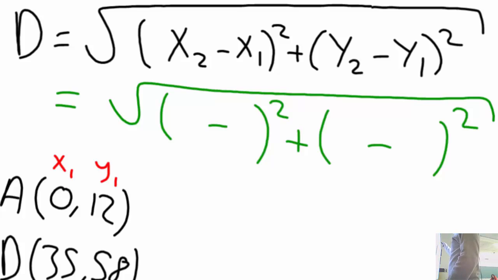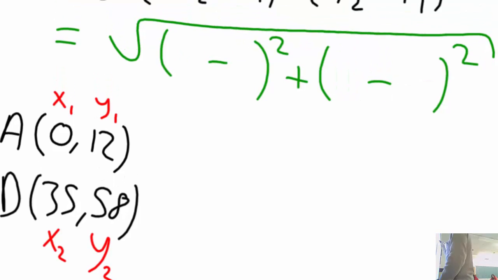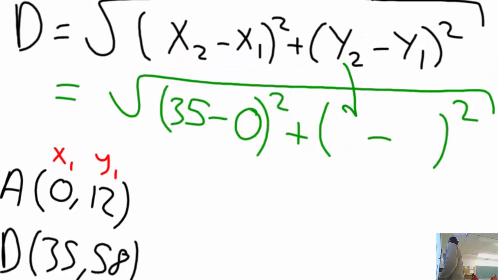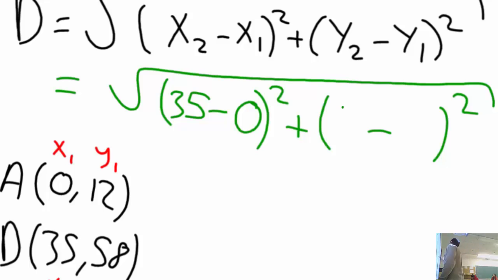For x2, write down 35. For x1, write down 0. For y2, let's write down 58. For y1, let's write down 12.